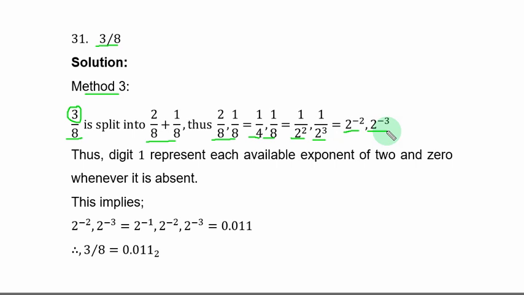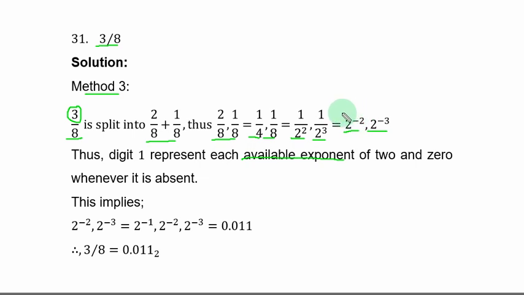This is what happened next. Thus, digit 1 represents a valuable exponent of 2 and 0 whenever it is absent. That is, when it is not present. This is what happened now.